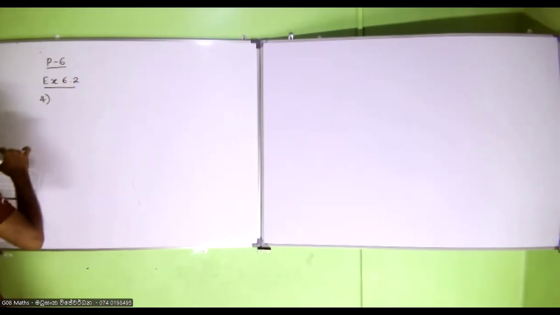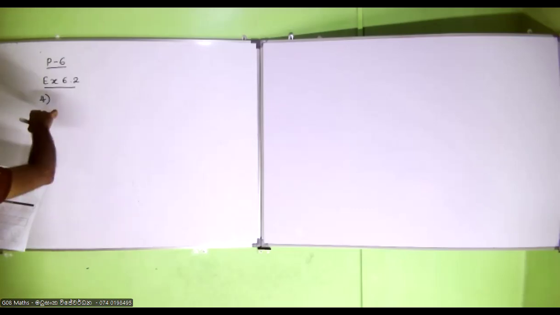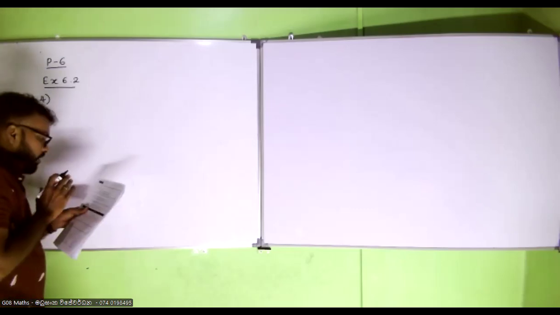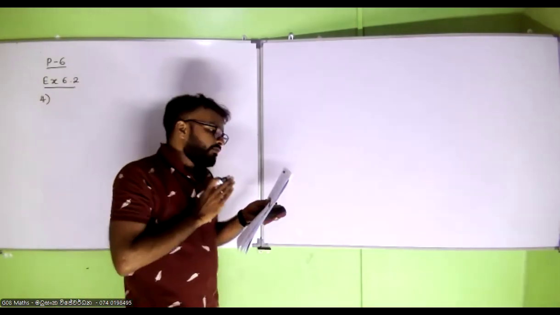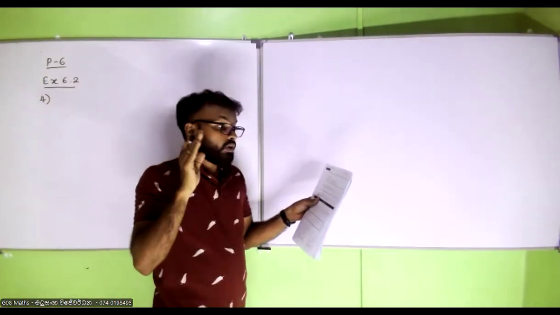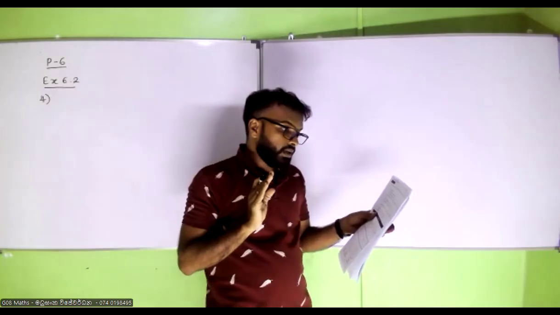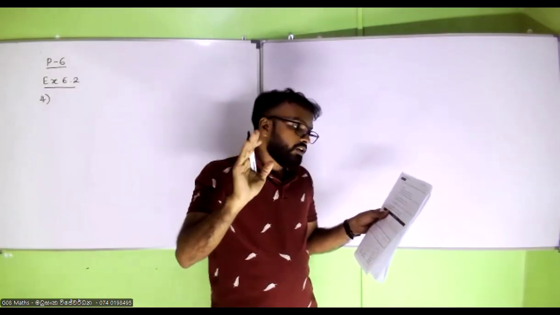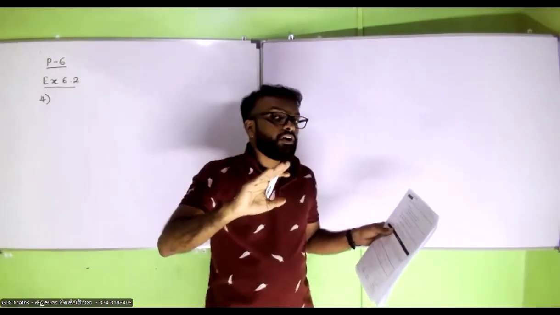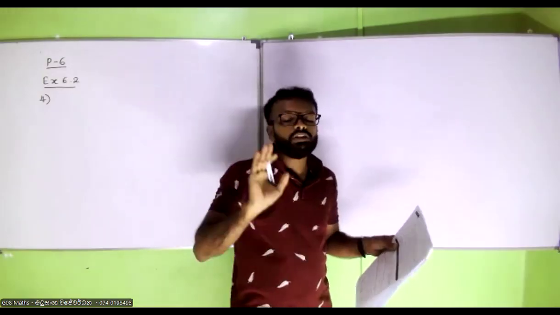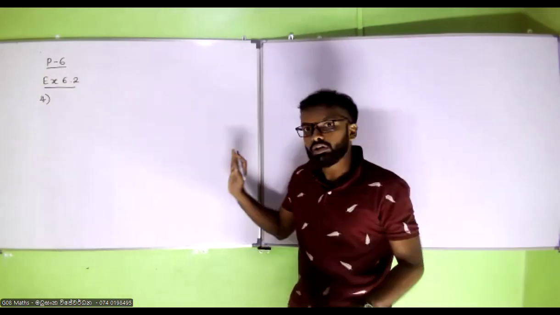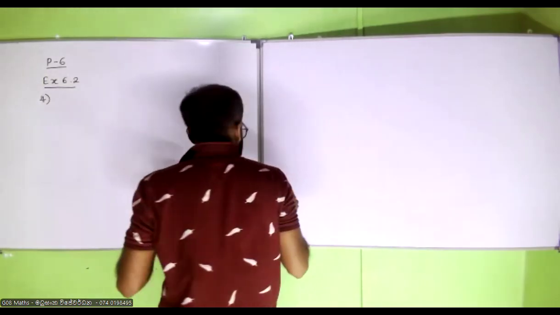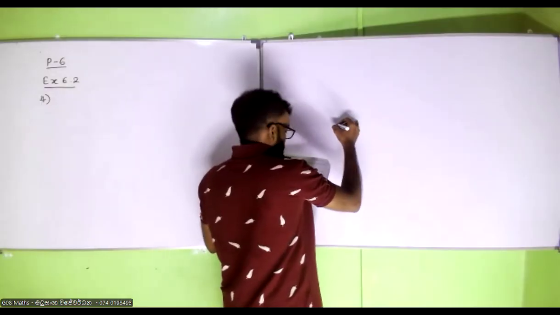Right? Page number 6, exercise 6.2, fourth question. Right? So here a figure of a composite solid is shown. Determine with reasons whether Euler's relationship is satisfied or not for this solid. Right? I will draw the solid first. I will draw the solid here.